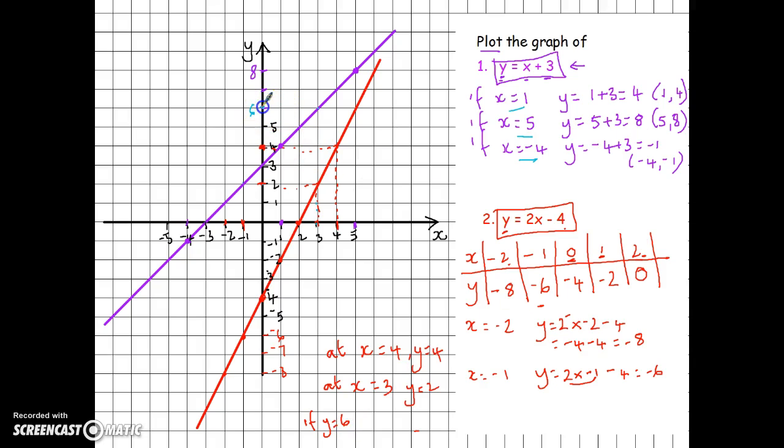At y equals 6 here, we could transfer it across until we hit the axis, and then head back down. At y equals 6, I know that x equals 5. So I can use my graph once I've got it to get my different x and y values without having to do all of the algebra like we did over here.